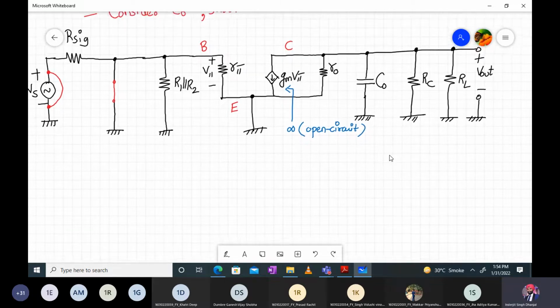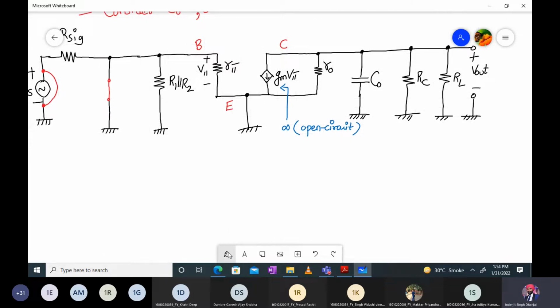So let me draw that again for your reference. So now we have RO over here. Then in parallel to it we have a capacitor, CO, right? This is parallel, so I can push the RC and RL on that side. Okay, fine. Let me add RL now.